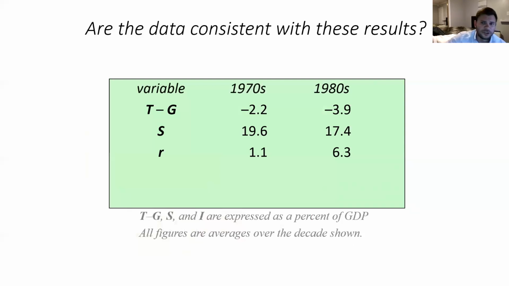The one feature of the data that's not quite consistent is that the model predicted investment should decrease, but investment turns out not to have dropped too much. And that is a consequence of us assuming that we were in a closed economy framework where net exports are zero.